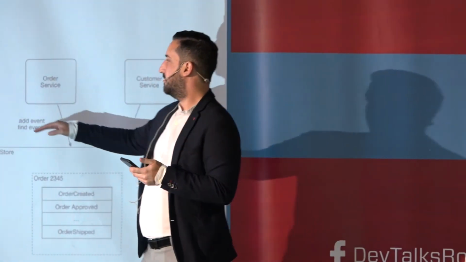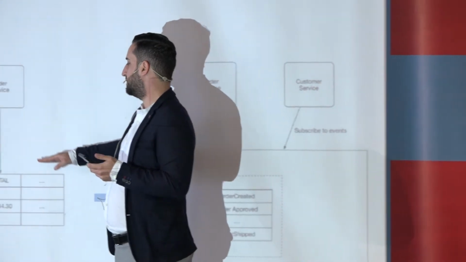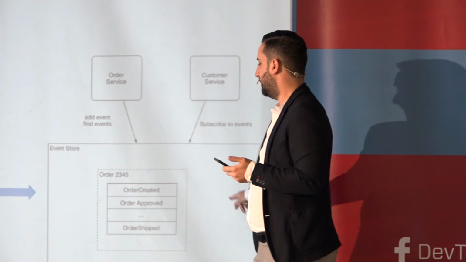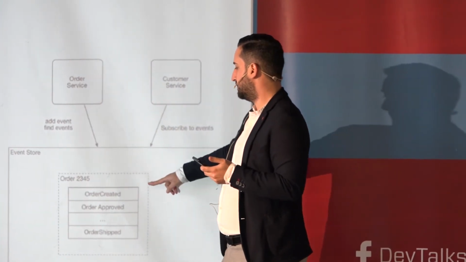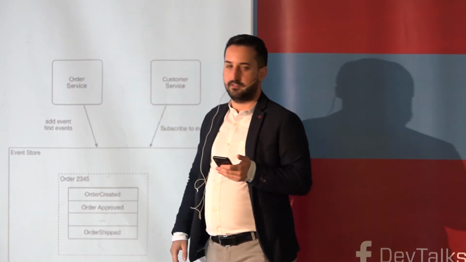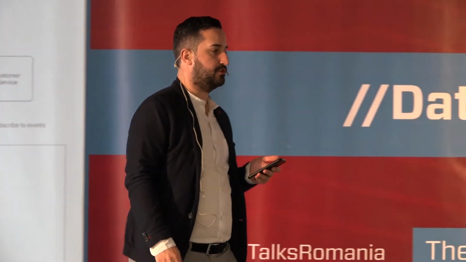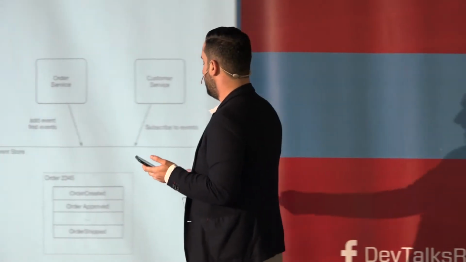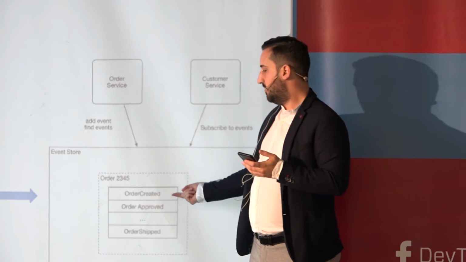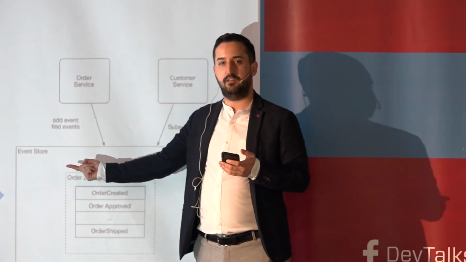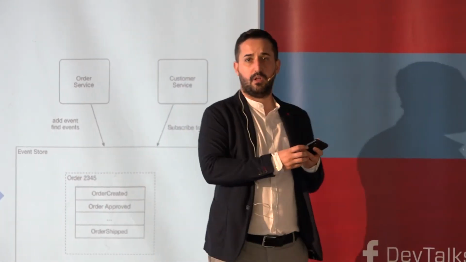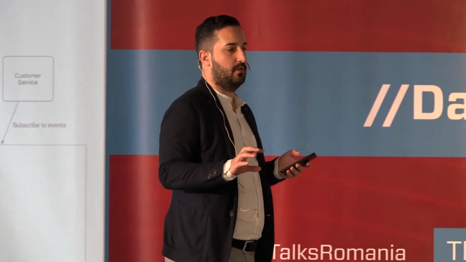So a service will persist this in a table, but you will also have something called an event store where you will just publish all these state-changing events. And sure, if you go to the event store, you can just replay all this and say, first the order got created and my entity looked like this, then it got approved and the entity looked like this. So you can reconstruct the entire flow.